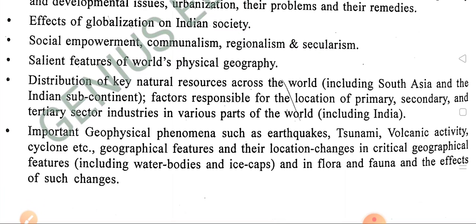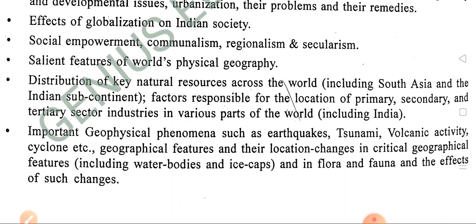There are many features like water, fresh water, land, location of the land. Okay, and temperature, atmospheric pressure, and raw material also. Okay, so these are most important topics.